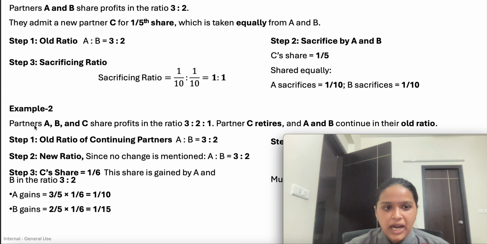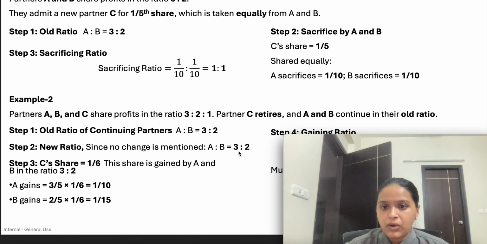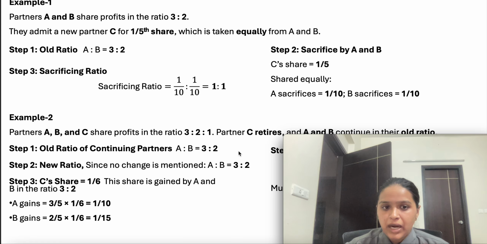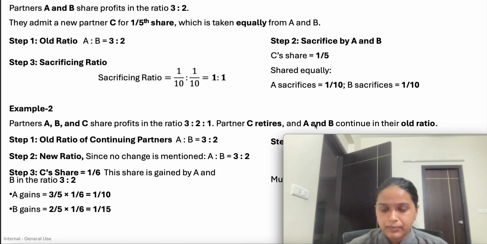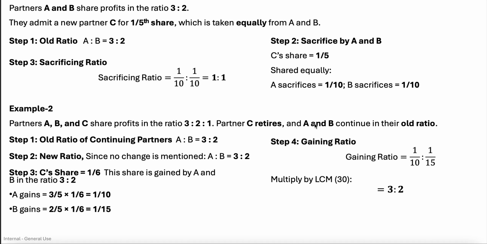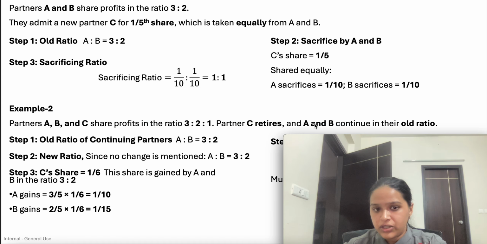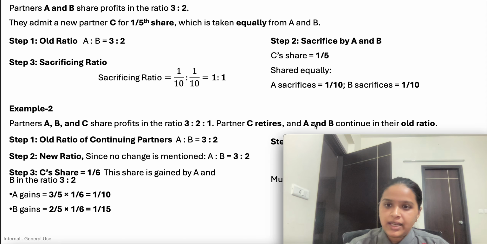Second, partners A, B and C share profit in the ratio of 3:2:1. Partner C retires, and A and B continue in their old ratio. So here we need to identify in which ratio they are getting more profit. We know the old ratio is 3:2, and the new ratio is also 3:2, because they have specifically mentioned that they will continue in the same ratio.